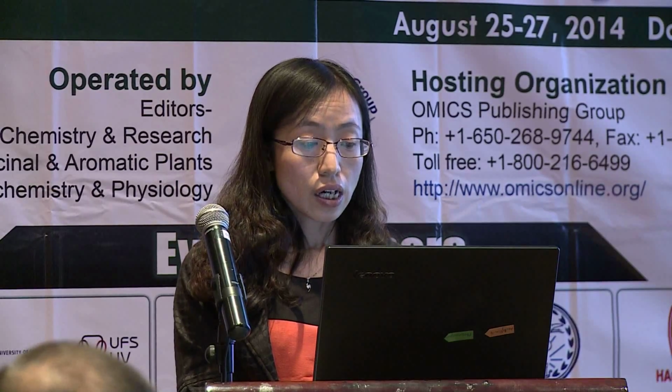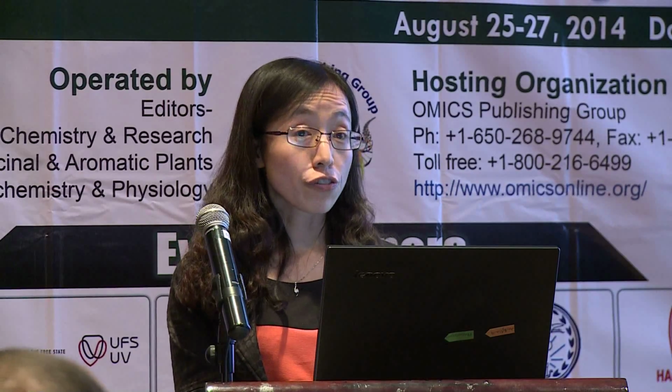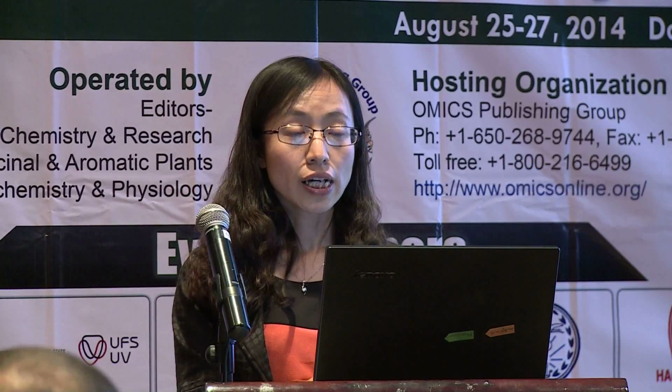And we next compared the samples from the main habitats Yunnan, Guangxi, Guangdong, and Vietnam, and we found that the cinnamaldehyde content is different. The samples from Guangxi and Guangdong have higher content than the other two, and we made a PLS-DA to differentiate the two habitats, Guangdong and Guangxi, and we found good separation.